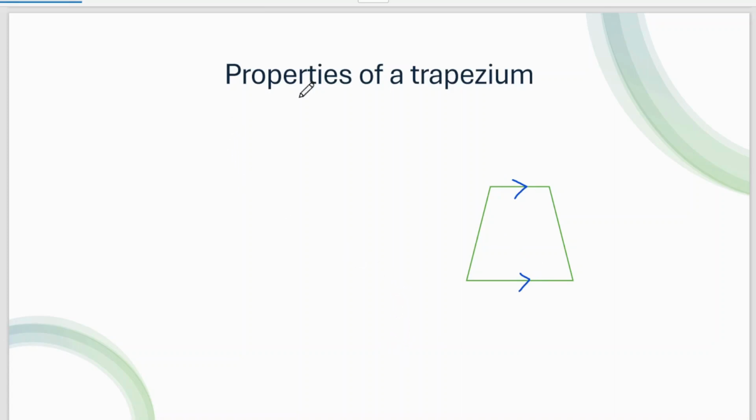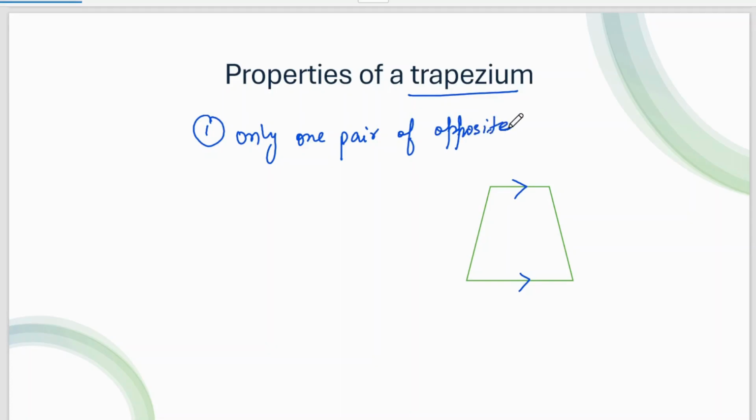That means the most basic property of a trapezium is that only one pair of opposite sides is parallel.